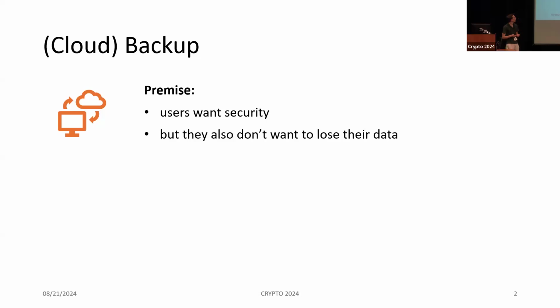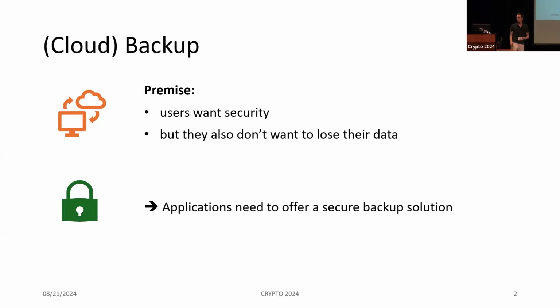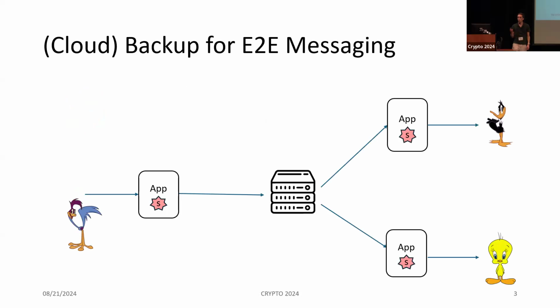So it seems that actually we want to have some backup in addition to just security. And it would be even greater if that backup process wouldn't undermine the entire security we worked so hard on the protocol level to achieve. So what we need is that the applications, in addition, offer a secure backup process in addition to their core functionality.